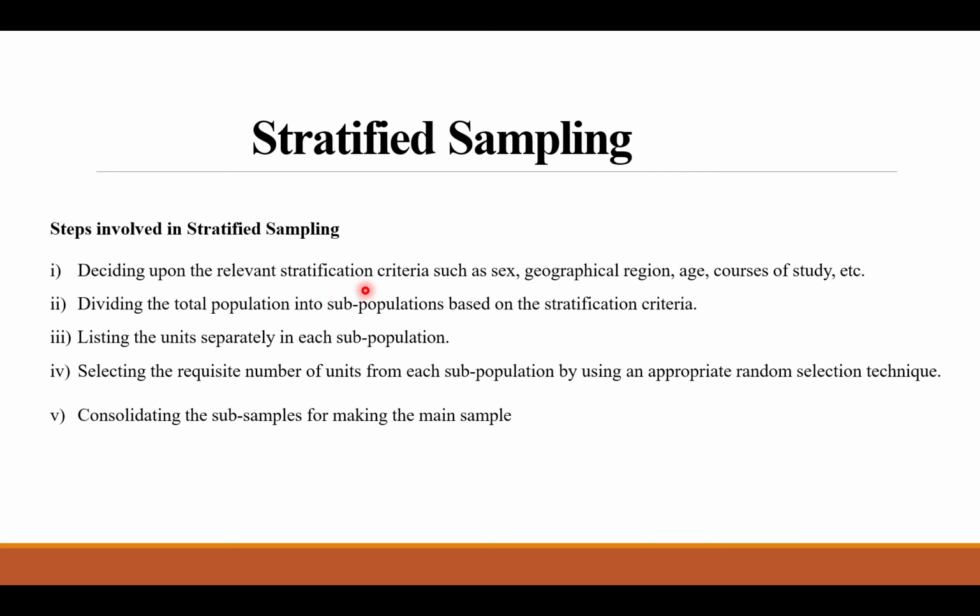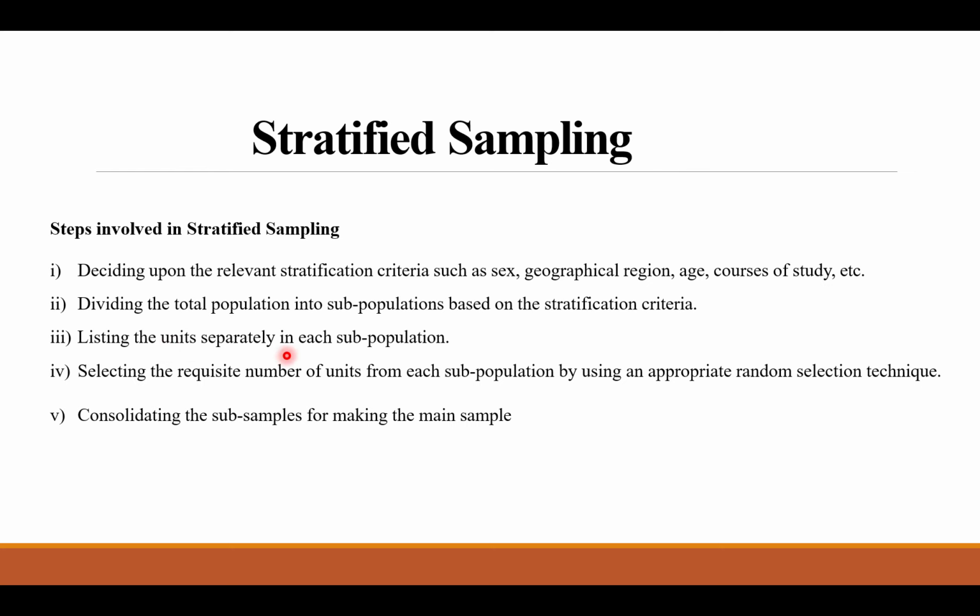So the whole population is divided into different strata on the basis of the characteristics of the population, and thereafter from each stratum atoms are picked up in a random manner. So what are the steps?